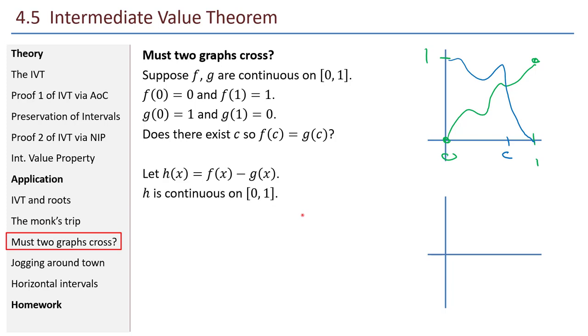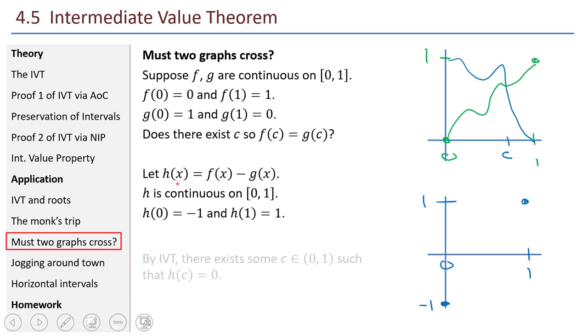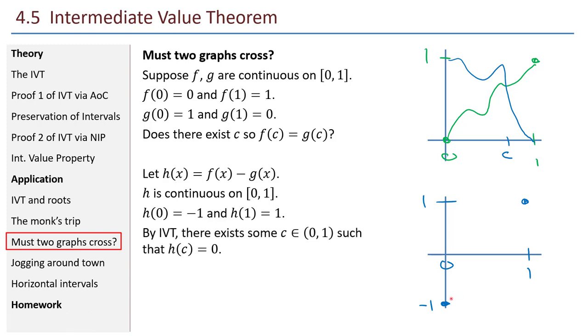H is continuous on the interval from 0 to 1. H of 0 equals negative 1. H of 1 equals positive 1. By the intermediate value theorem, there must exist some c strictly between 0 and 1 such that h of c equals 0. Well, h of c equals 0 tells me that f of c equals g of c. And that's it.